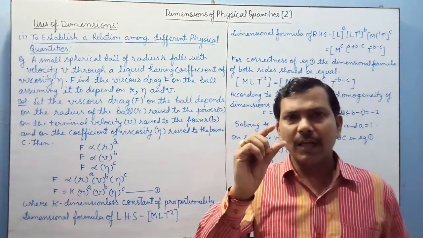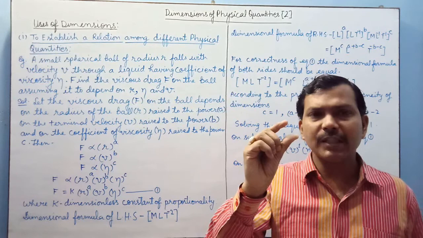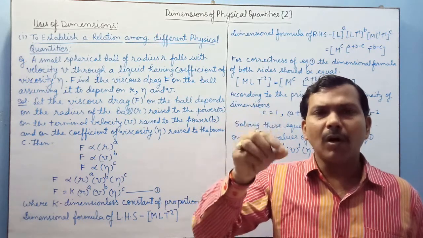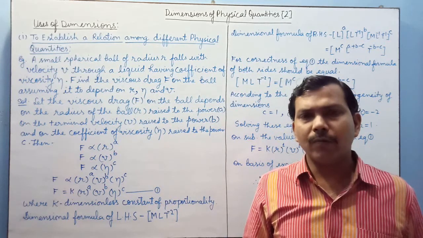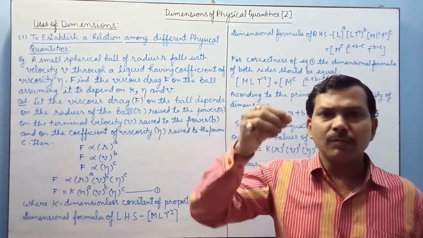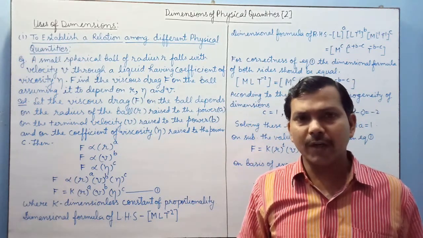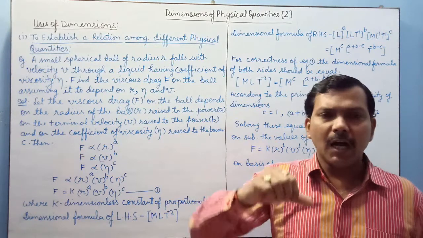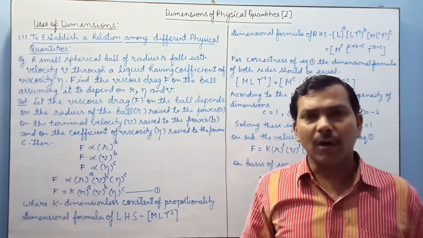Let us consider a small heavy ball of radius small r and drop this ball in a liquid of infinite extension. Now this ball will move downwards in the liquid due to its effective weight. A net force acts downward on this ball.